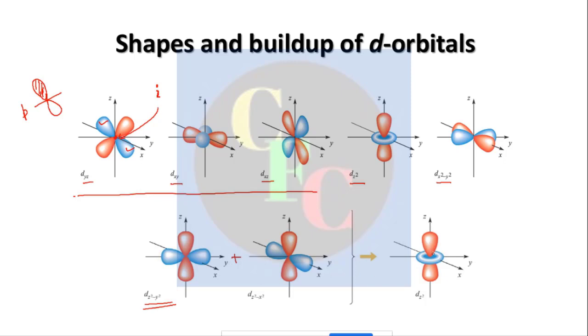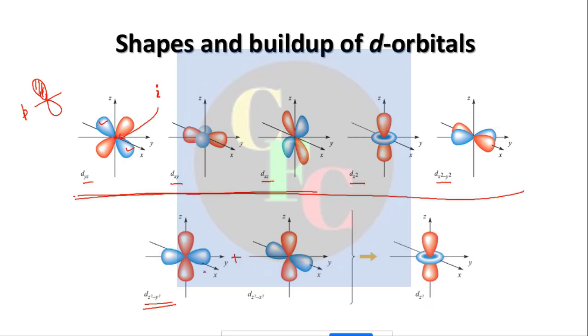You will get an enhanced electron density along the z axis, and along the xy plane there is a donut type of thing, a ring in a different phase. So you have this z square, the shape like this. So the 5 orbitals that we will work with are these. I just showed you how the z square is built up.